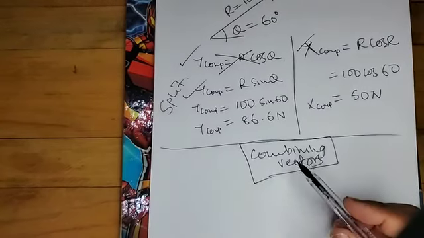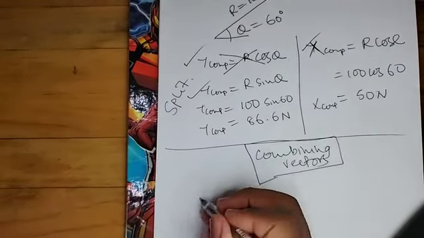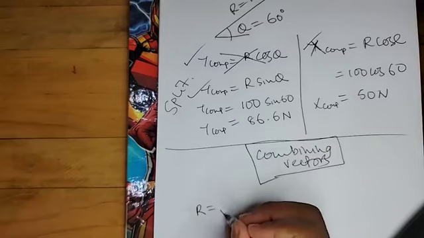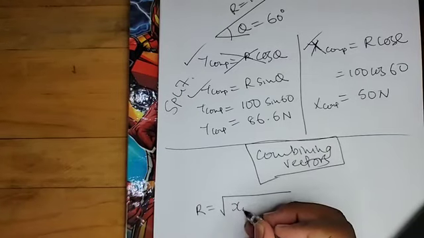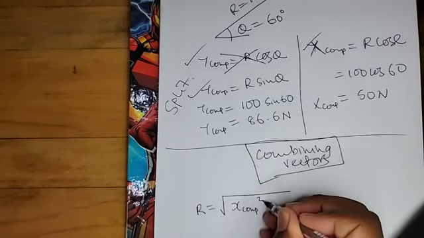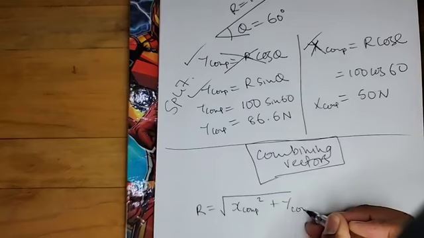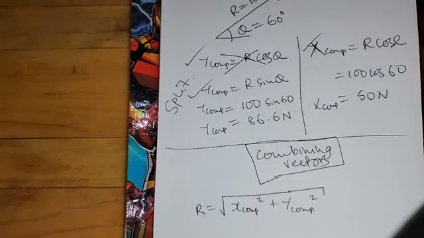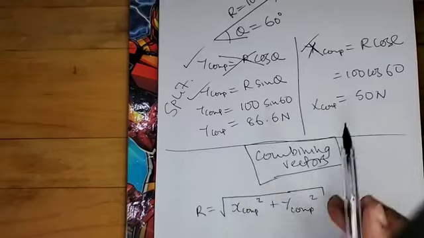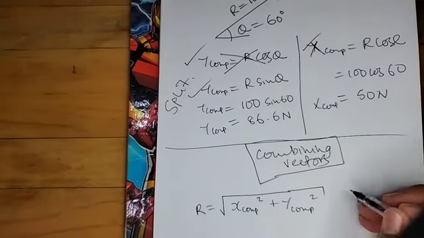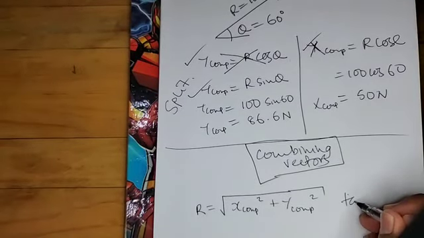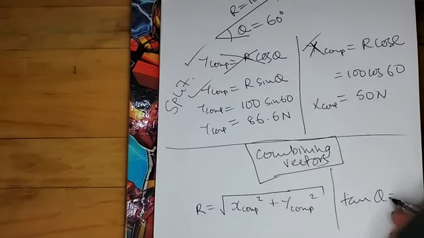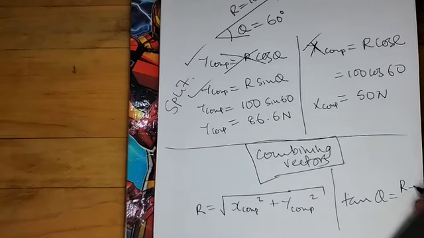So when combining, we use two things. Number one, r is equal to the square root of the x component squared plus the y component squared, with everything under a root. That's how you find the resultant from the components. And then to find the angle, we use tan theta is equal to ry over rx.